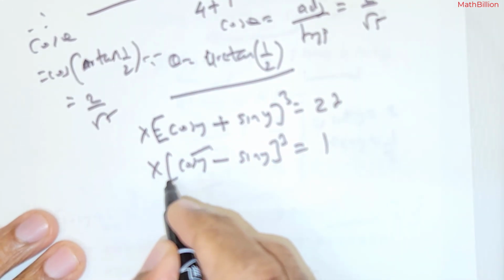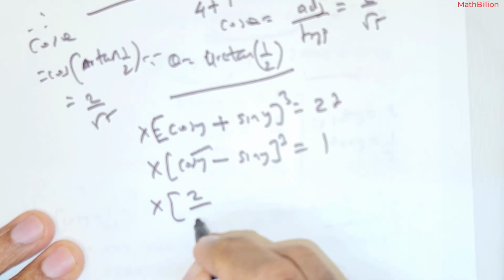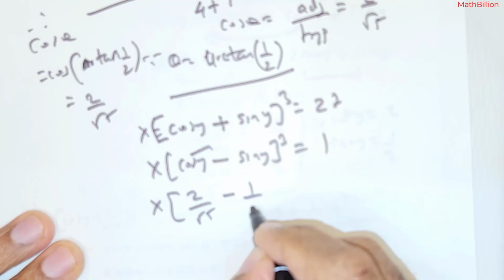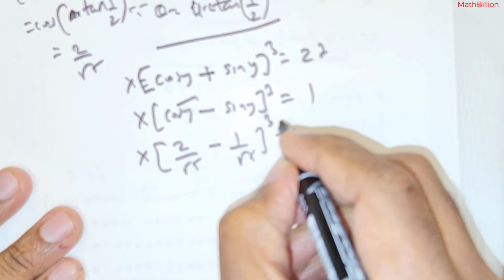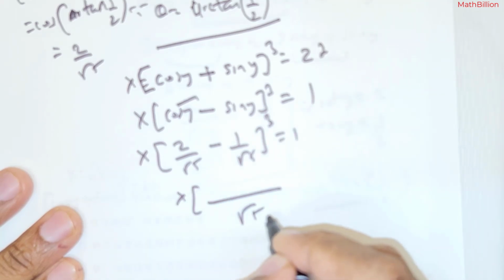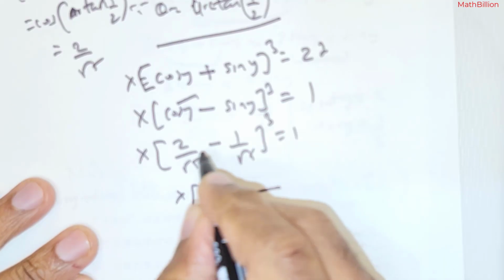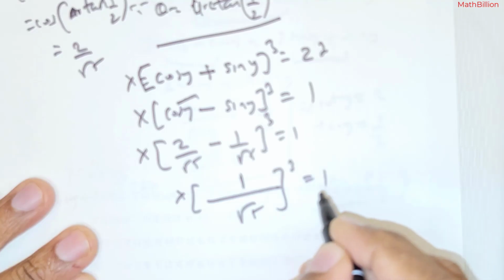So if I were to utilize this, x of (2 over root 5 minus 1 over root 5) raised to the power of 3 is equal to 1. So x of (root 5 is the LCM, 2 minus 1 will give me 1) raised to the power of 3 is equal to 1.